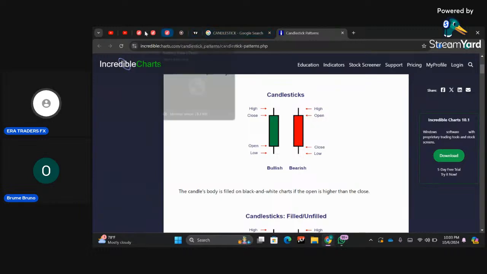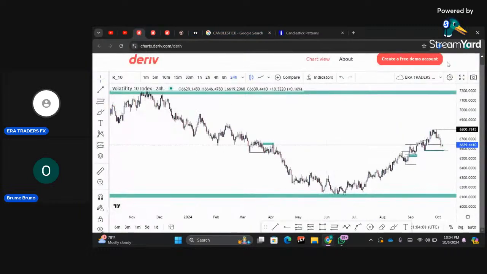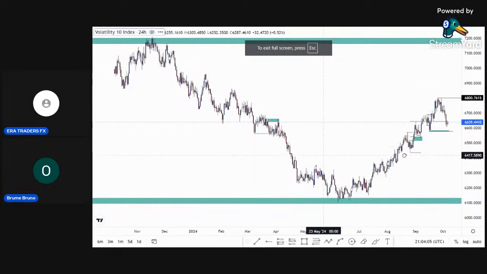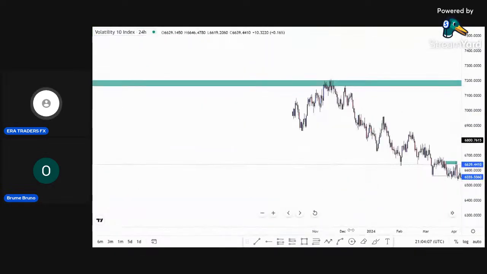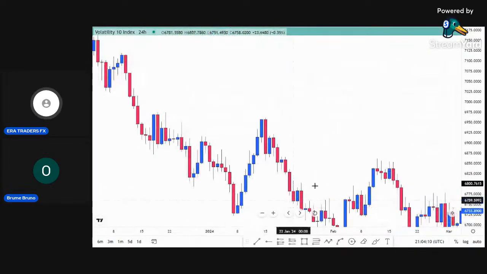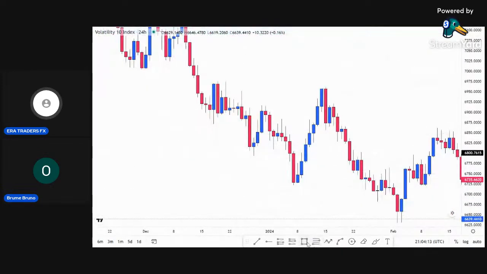So let's look at the chart to see what I'm saying clearly. If you look at the chart closely, I want to use here as an example. So we have two candles here.